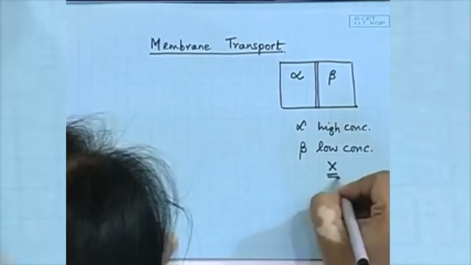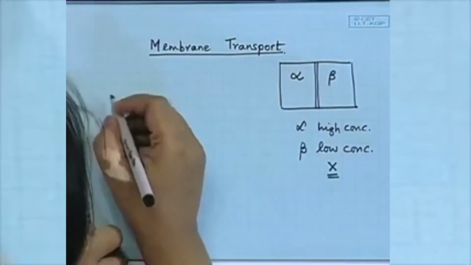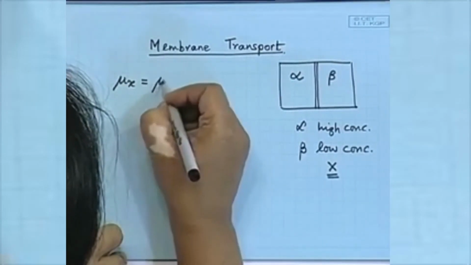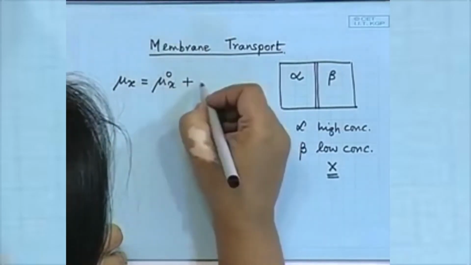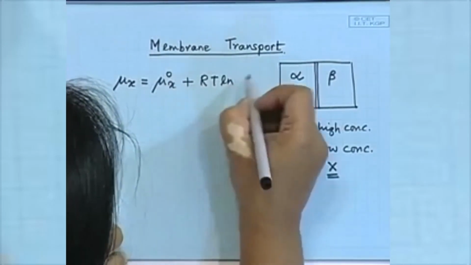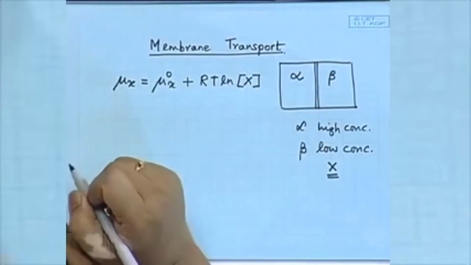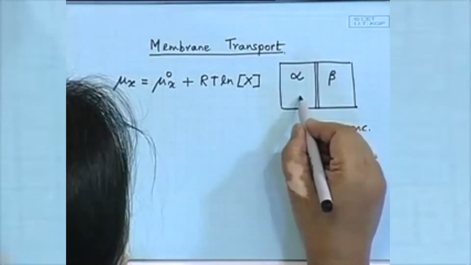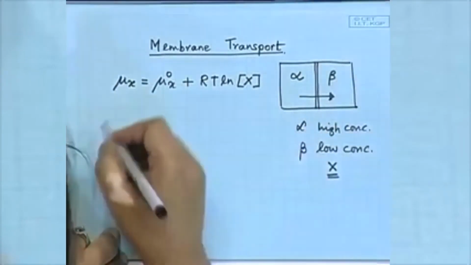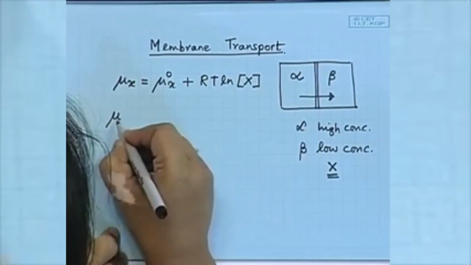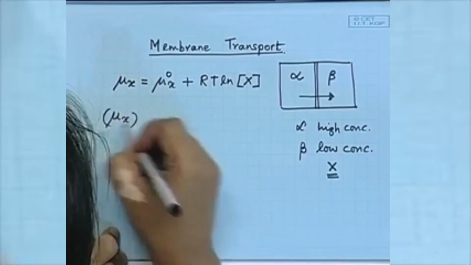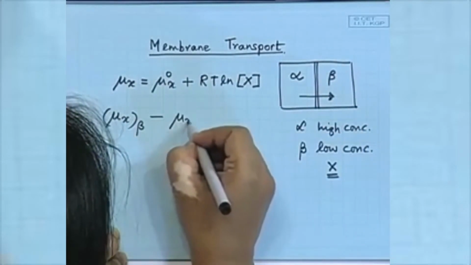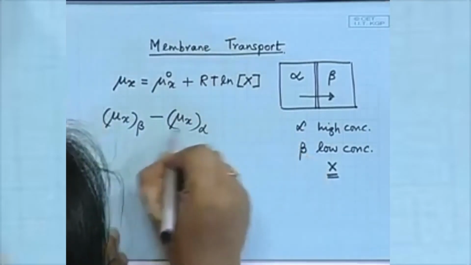Okay. So, now when we write the chemical potential, we have mu x, which is equal to mu 0 x plus RT ln x in general. Now, if we have this going from alpha to beta, then we have to look at the change of mu x beta, because that is our final state, minus mu x alpha, which is our initial state.